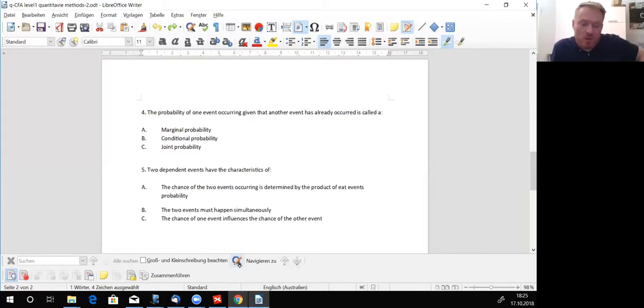Let's see how to deal with answer A. What do you think? What do we do with answer A? The chance of the 2 events occurring is determined by the product of each event's probability. No, because, let's see it again. This is true with independent events. This was just the definition, wasn't it?